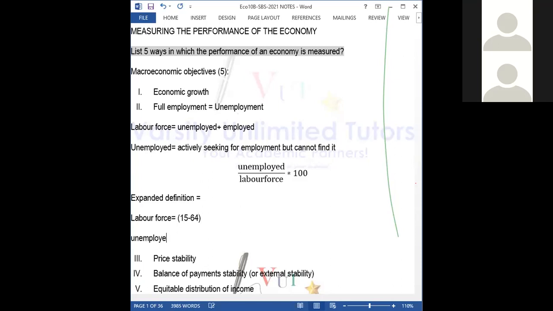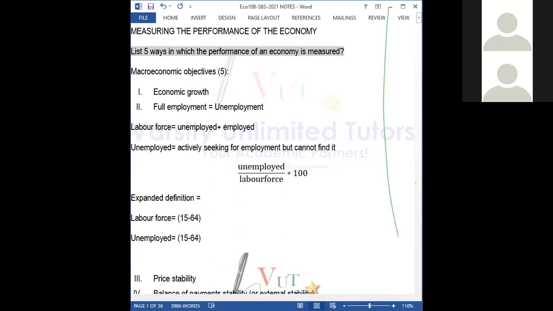So the unemployed in this formula would be anyone that is unemployed within that same age range of 15 to 64.